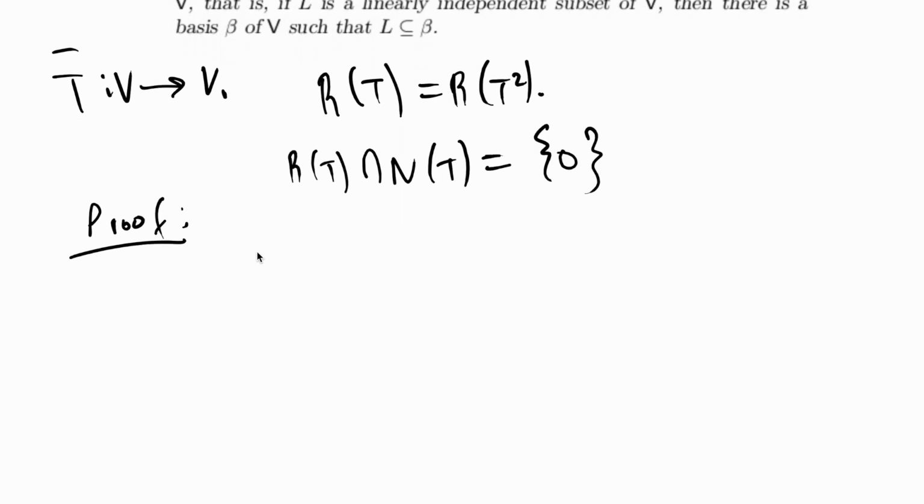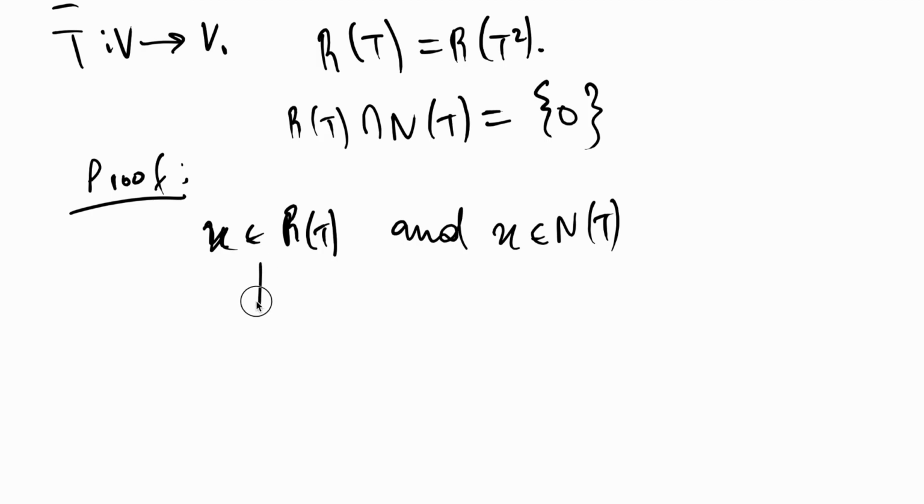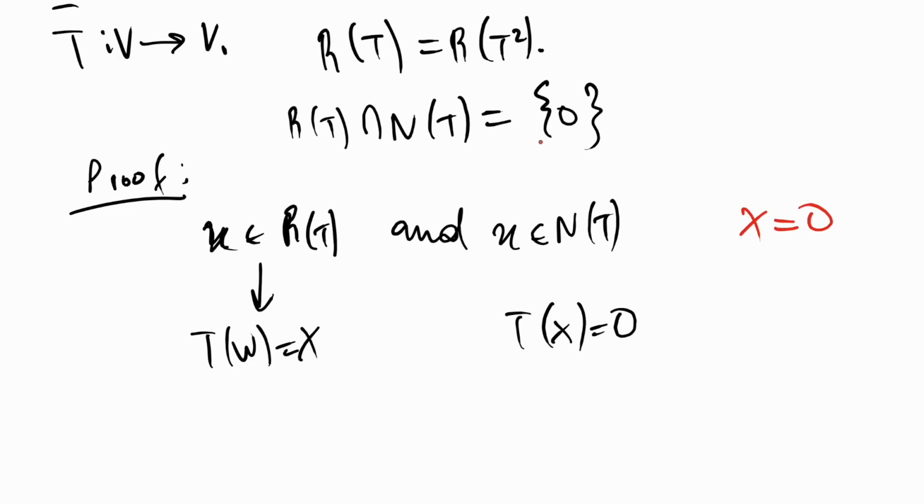The idea of the proof was we let x be some element in R(T) intersection N(T), which means x is in R(T) and in the null space of T. This part tells us that there exists some element w such that T(w) is equal to x, and T(x) is equal to 0. And all this while we want to deduce that x is equal to 0.